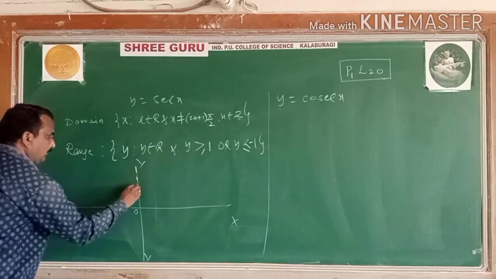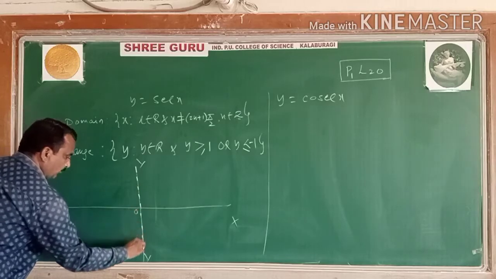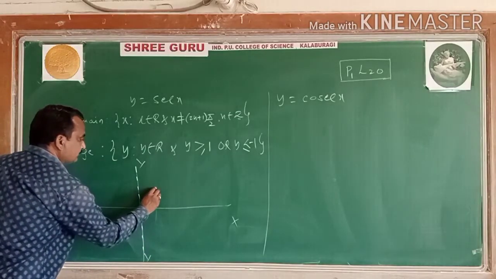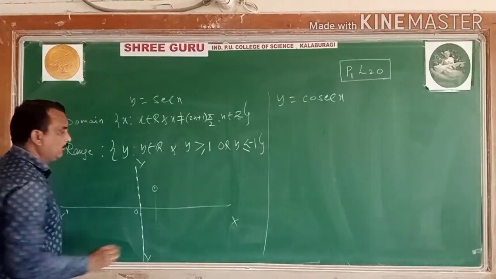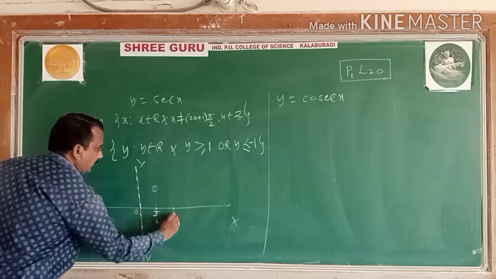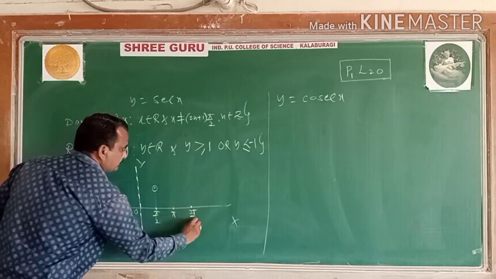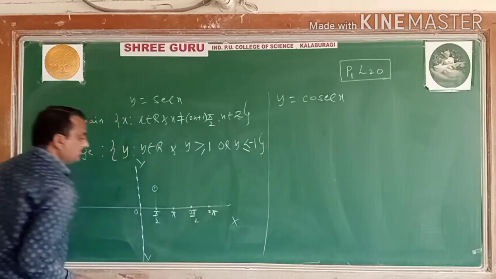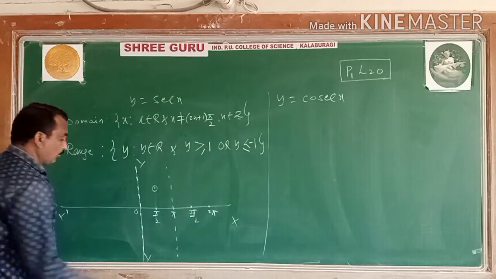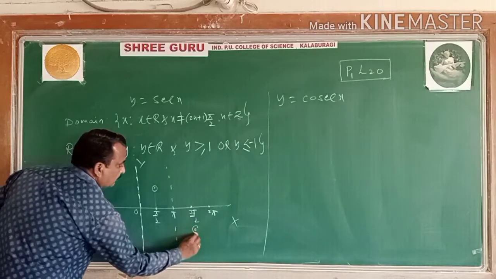So the infinity line is on the y-axis, and at 90 degrees, cosecant is 1. Next, this is pi by 2, this is pi, 3 pi by 2, 2 pi. These are the values we have taken. Cosecant pi is again infinity. Cosecant 3 pi by 2 is minus 1, below.